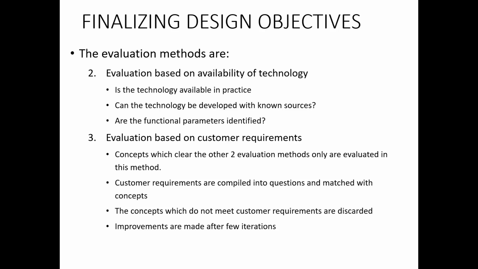If the technology cannot be developed by us, if it is very costly or if the resources are not available with us, then we should drop it then and there. Then, are the functional parameters identified? Are the functional parameters for the design or for the product correctly identified? These are the things we check during the evaluation based on availability of technology.